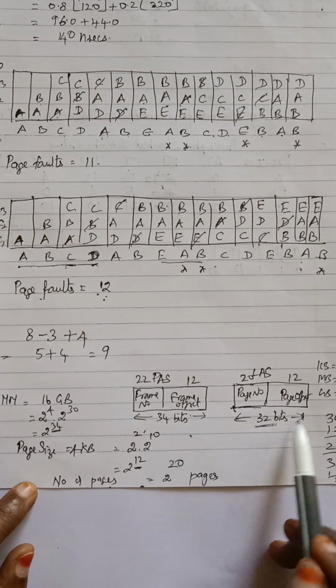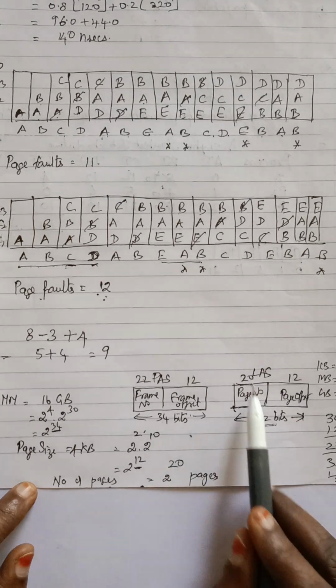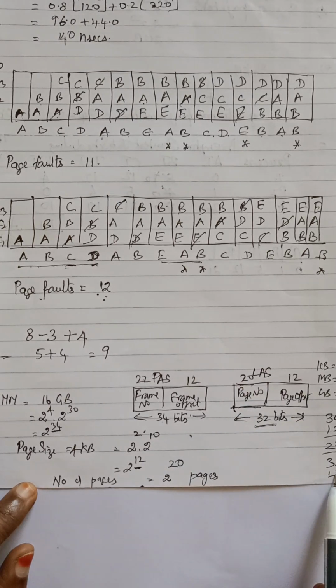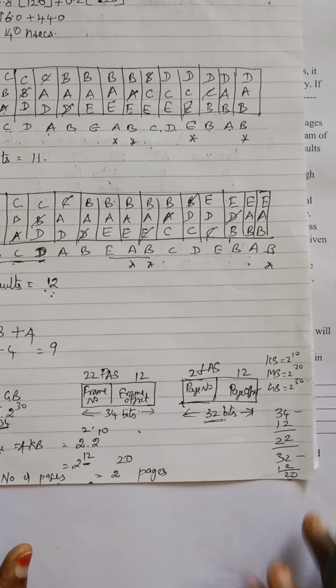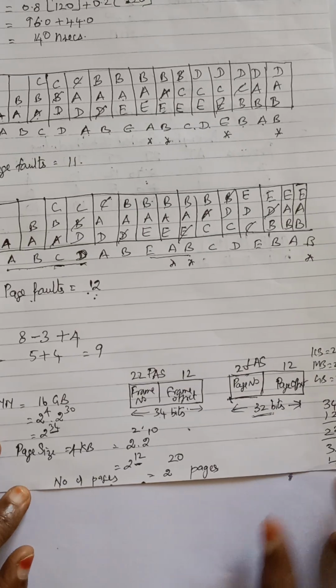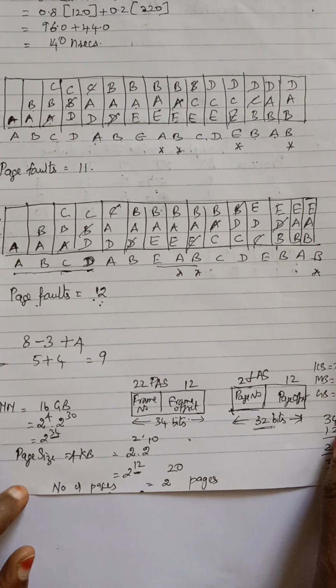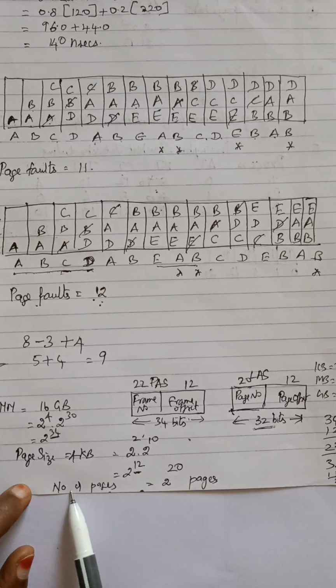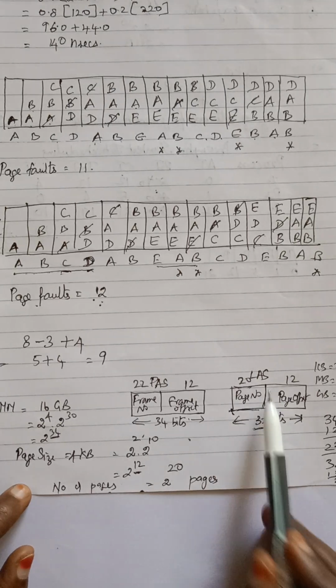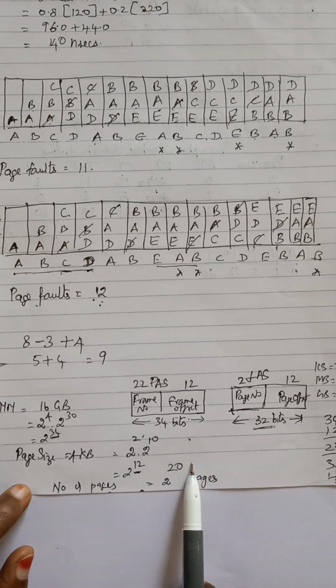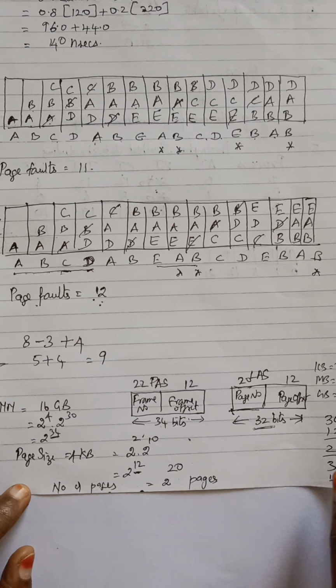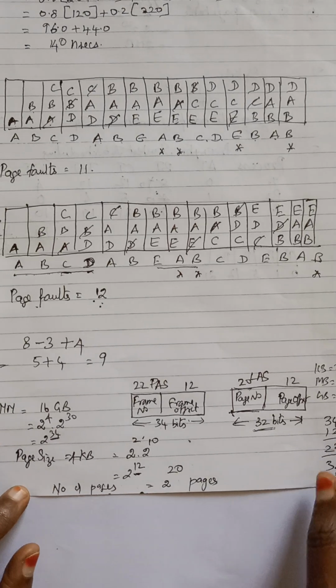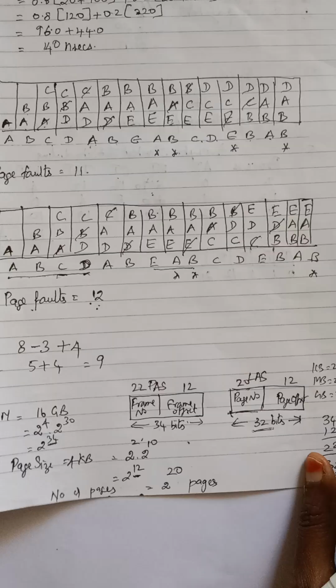Since the page offset is 12, the remaining is 20. So the number of bits for the page number is 20, which means the number of pages is 2 power 20. Next we will do the last sum.